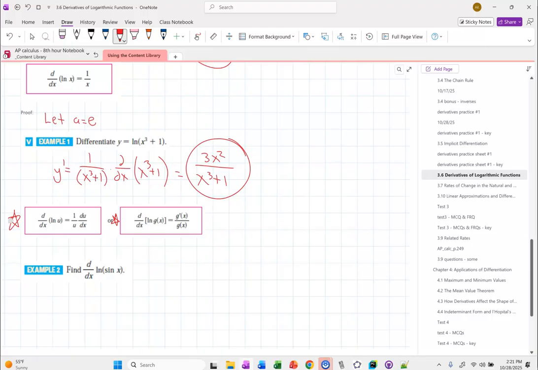What are these two formulas saying? It's just this rule plus the chain rule. That's all it is. It's just that rule with the chain rule built into it.